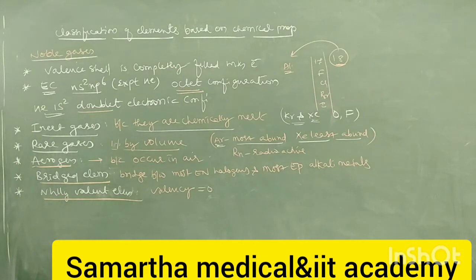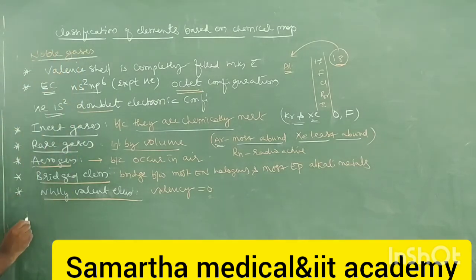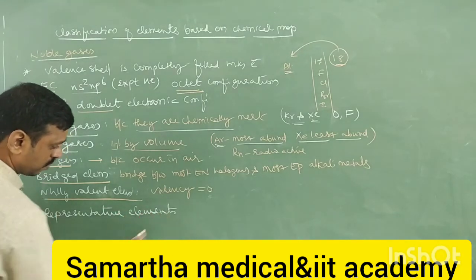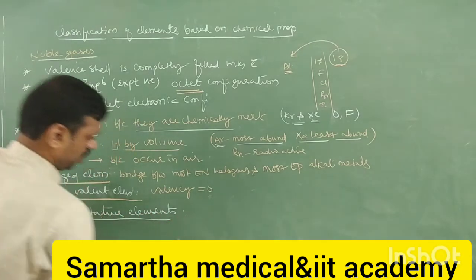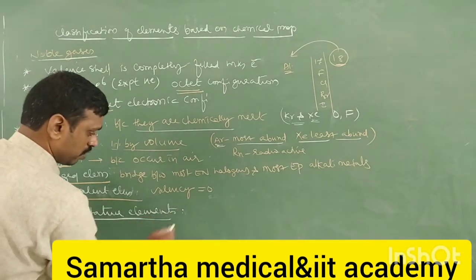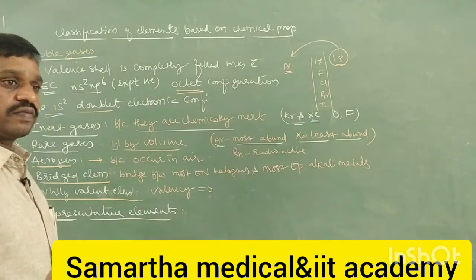Next is representative elements. Tell me, in representative elements, where are the electrons incompletely filled?